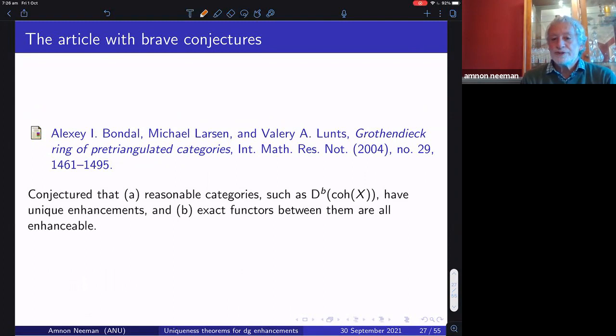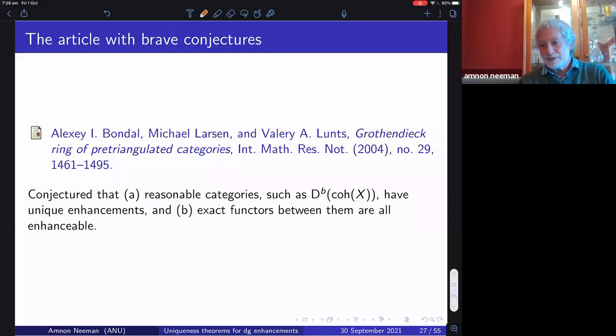Conjecture B is more reasonable given what was known at the time. So at the time, Orlov's theorem was known, and maybe Kawamata's theorem. So the theorems that were known said that the functors were all Fourier-Mukai.